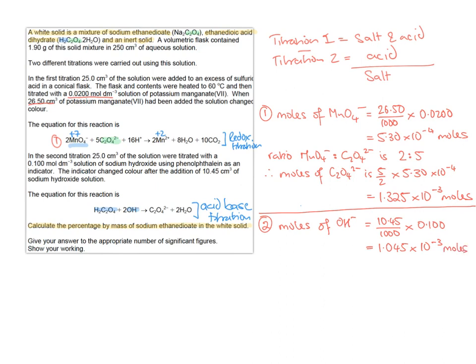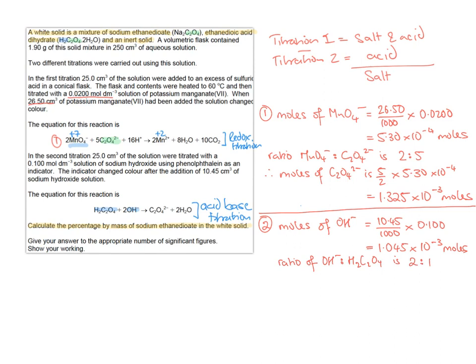Again, we've got to look at the molar ratios in that titration reaction. The ratio of hydroxide ions to our ethane dioic acid is 2 to 1.